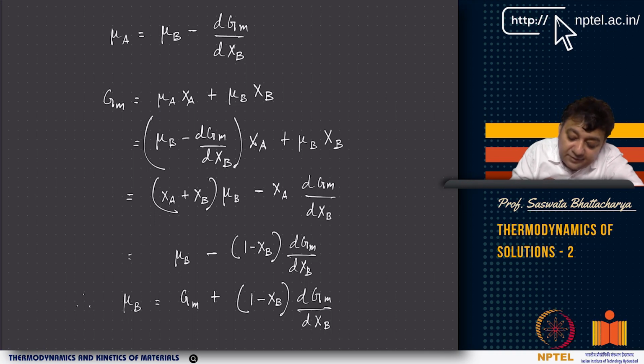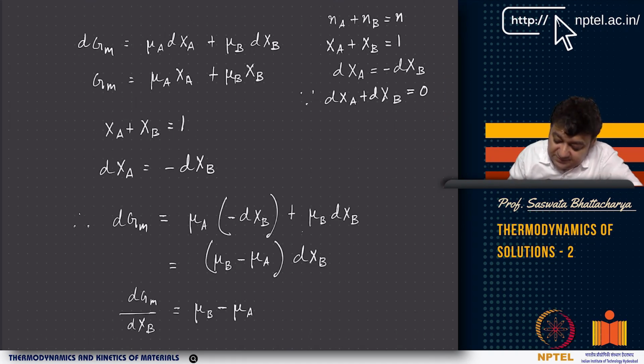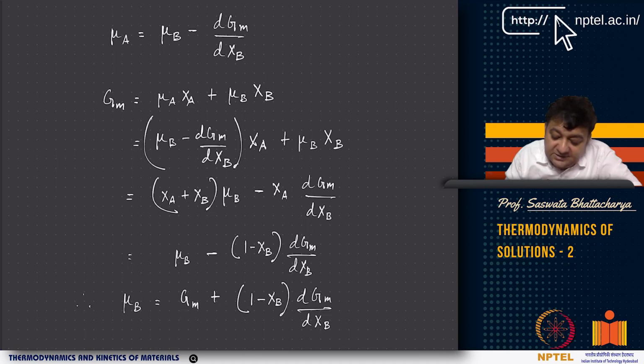Replacing mu A by mu B minus dGM by dXB, dGM by dXB is mu B minus mu A.